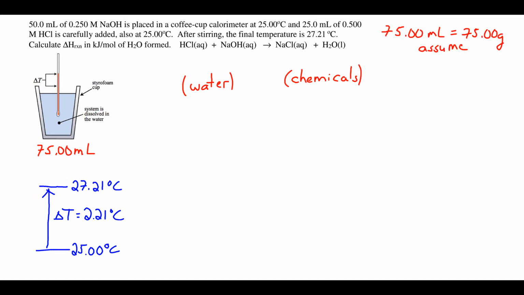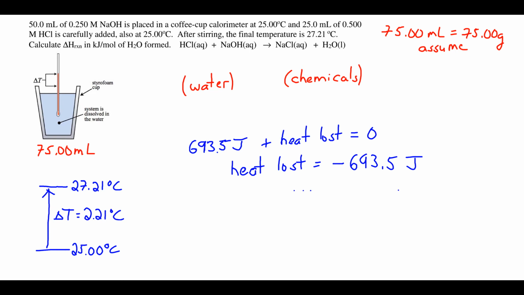Now, to do this problem, we are going to have to make one assumption, and that is that the solution is dilute enough so that 75 milliliters is still equal to 75 grams, meaning that the solution has a density the same as water, which is a pretty safe assumption. But we do have to make that so that we know now that we have 75 milliliters of solution. It's going to be equivalent to 75 grams.